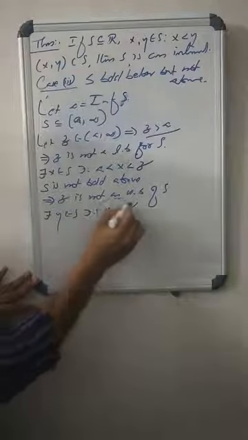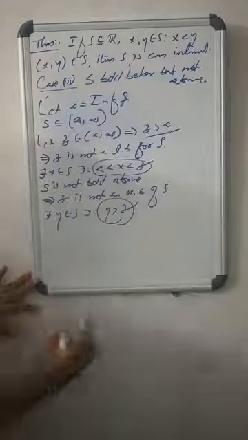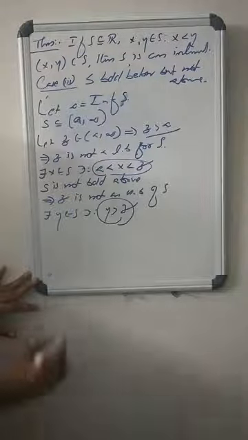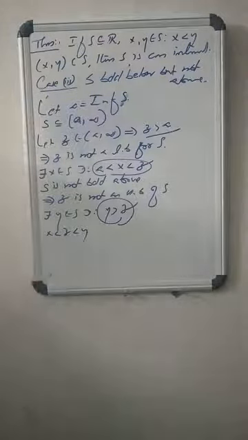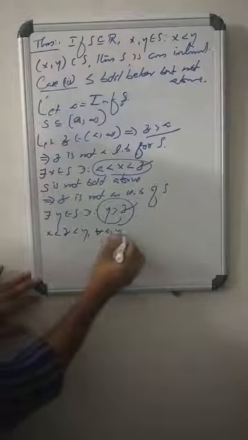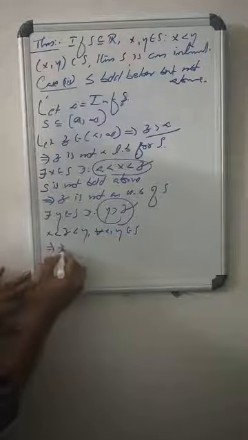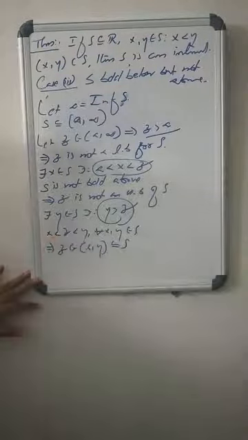So there is y greater than z and A less than x less than z. Then x less than z less than y for x, y in S. That means z is in the open interval (x, y), which is a part of S.